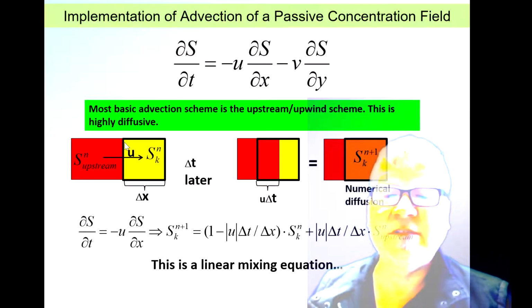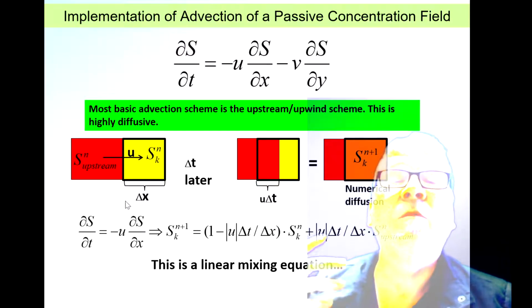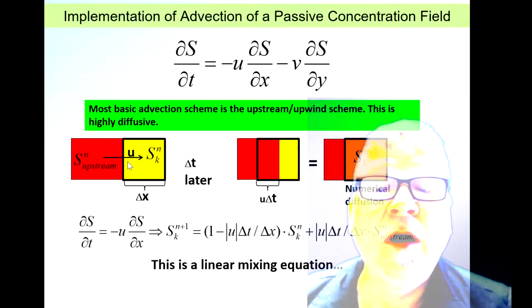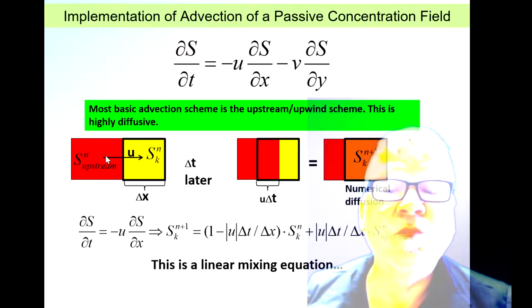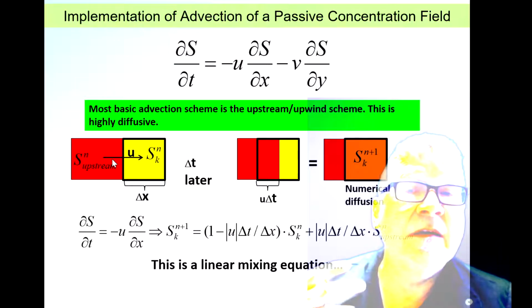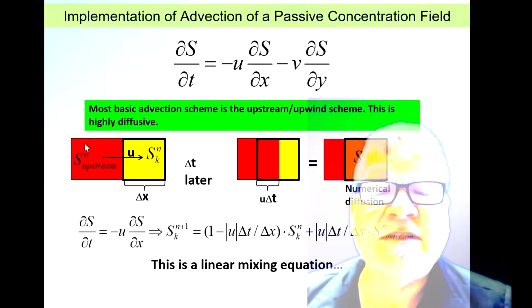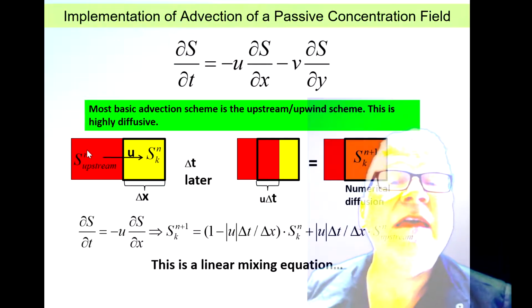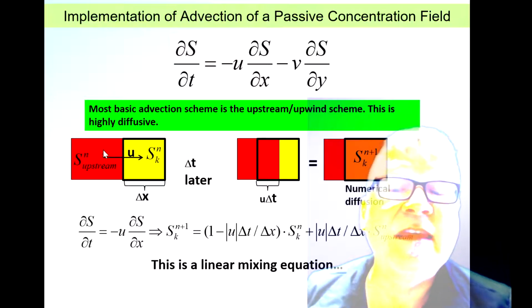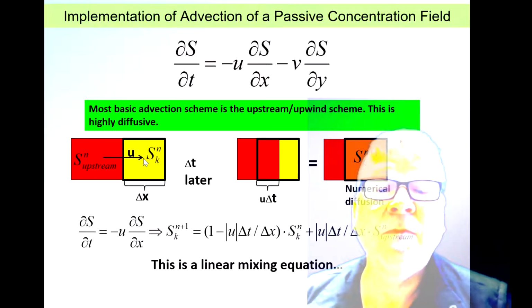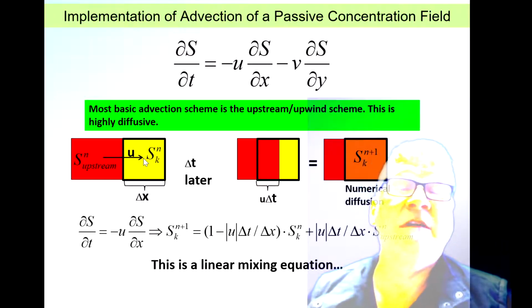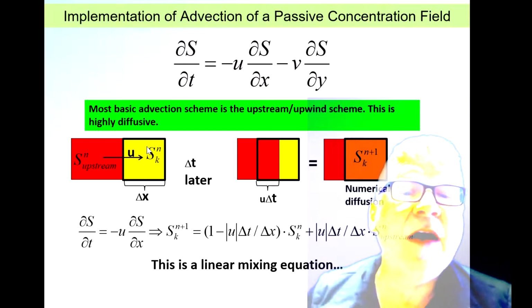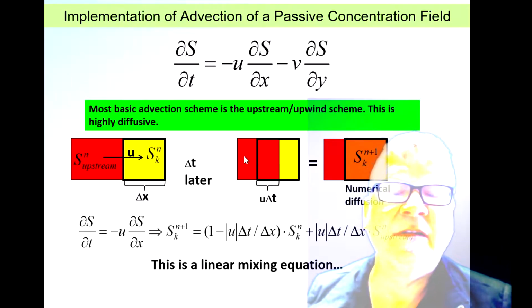So what you do is you work out how far, within a time step, you move the content of one grid cell, which is the red grid cell here, into your grid cell, which is the yellow one. How far? Okay, in this example, it is half of the grid cell.